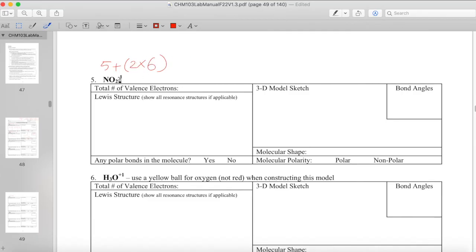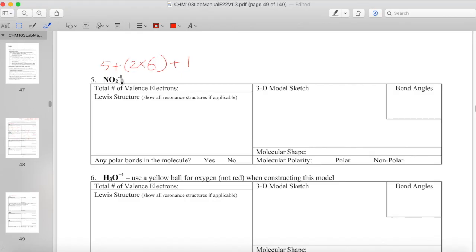Now, if your molecule were neutral, you'd just stop there and you'd add up these numbers. But what do we do with that -1 charge? Well, the negative sign tells us that we have an extra electron. So this is a little counterintuitive, but if you have a negative sign here, if this is a -1, you have to add 1 electron for it.